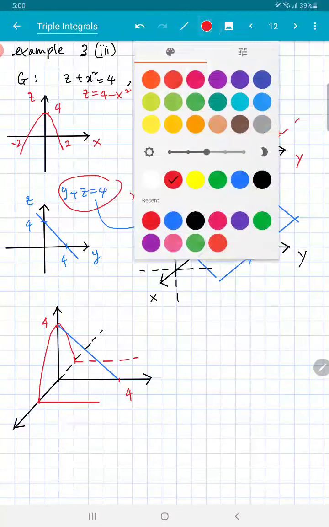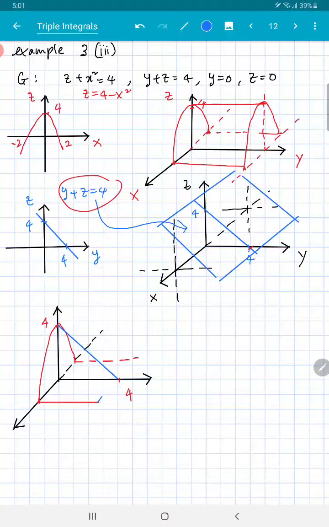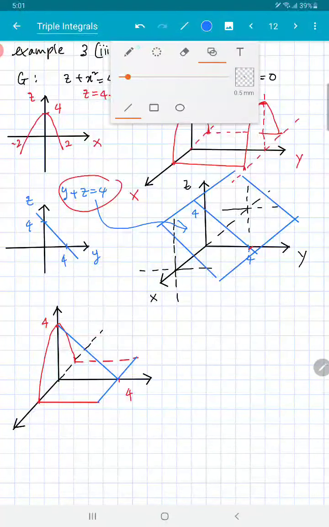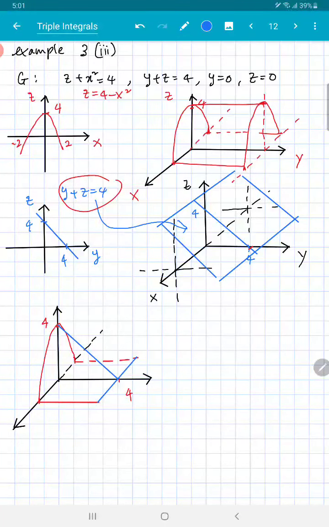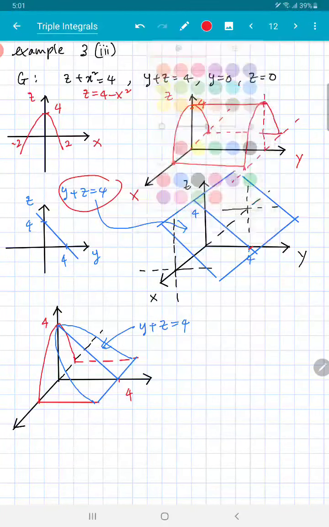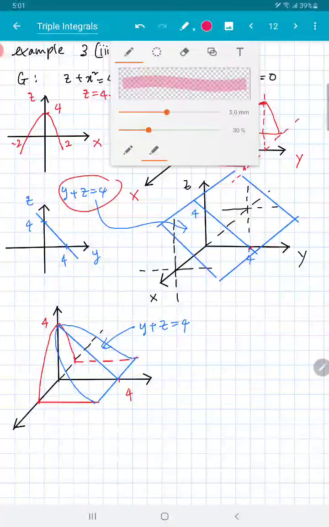and this is part of that plane. And of course, when you slice it, we have the vertical plane, the slanting plane, there will be a bit curvy. Okay, so this is y plus z equals 4, and then we have the curvy bit.